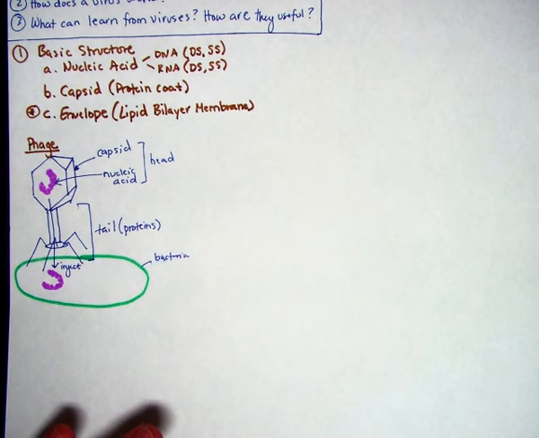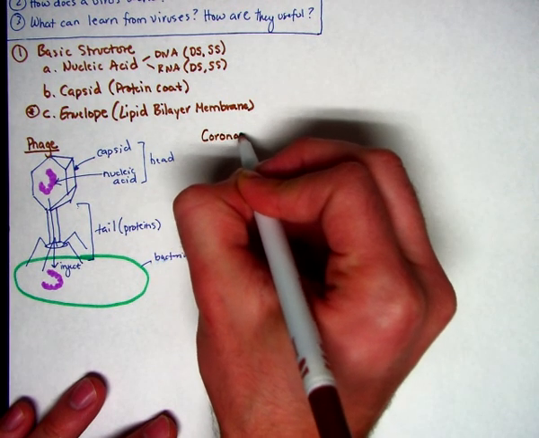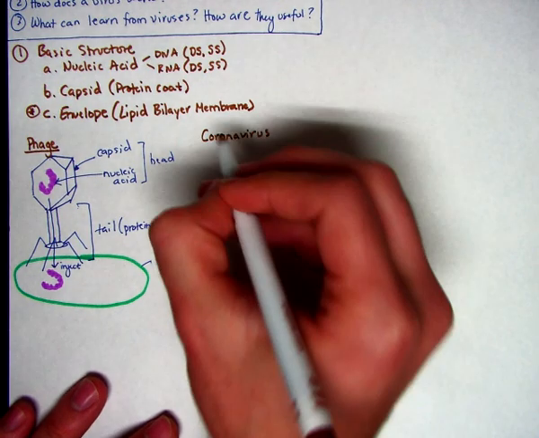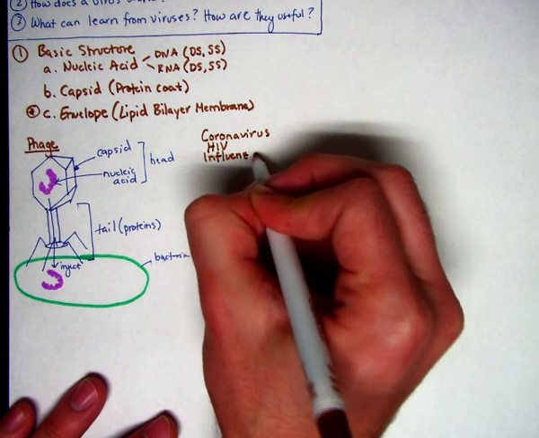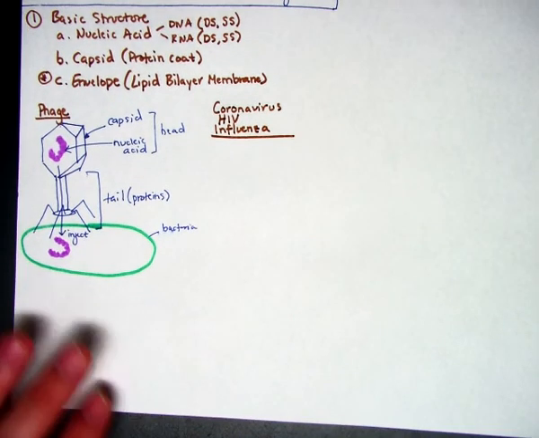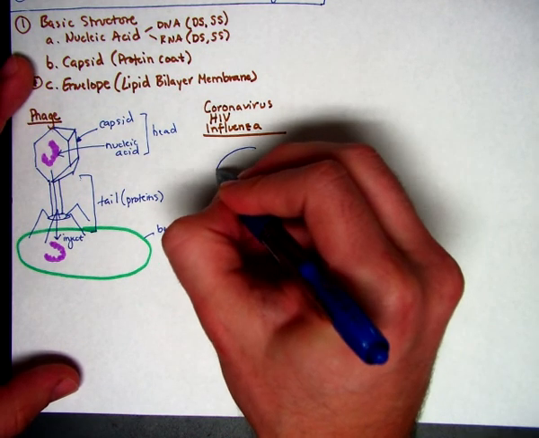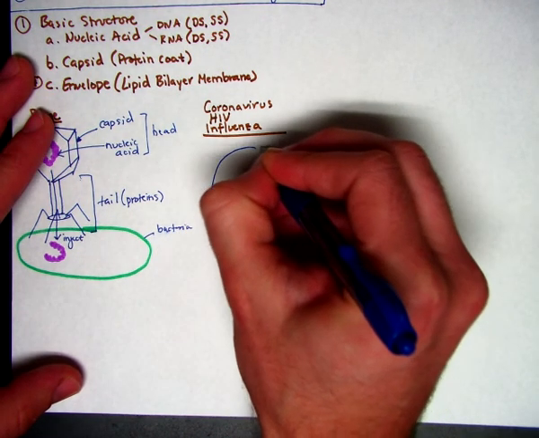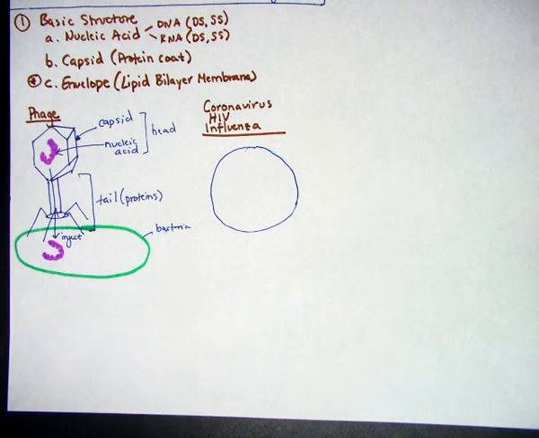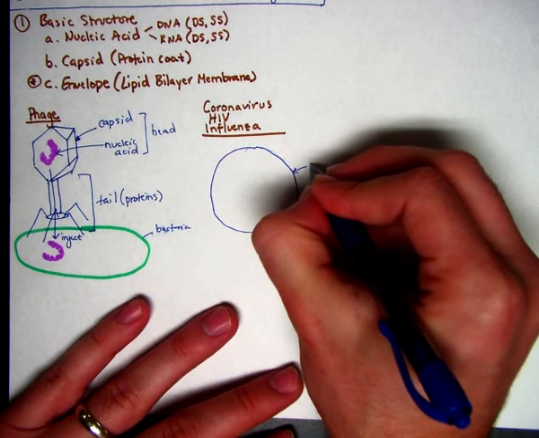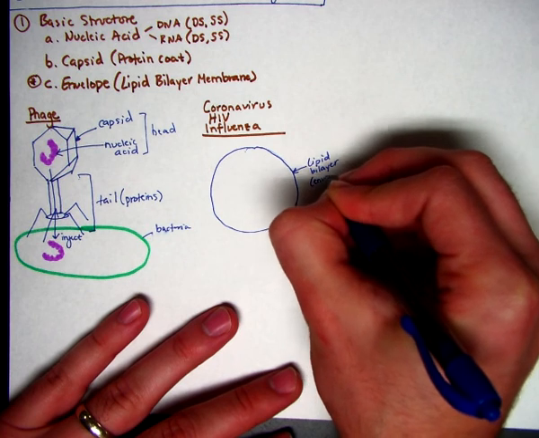The other type of virus is something, we'll use coronavirus. This could also be something like HIV or the influenza virus. They all kind of fall into this other category where they have an envelope. But you have this structure where this is your lipid bilayer or your envelope.